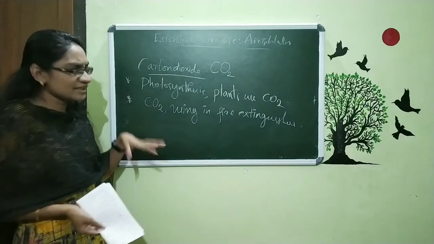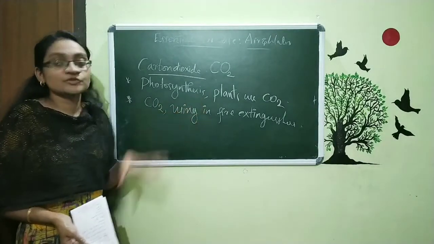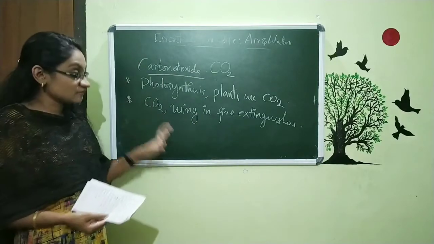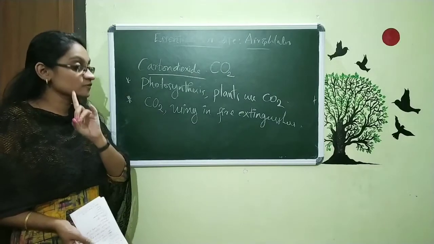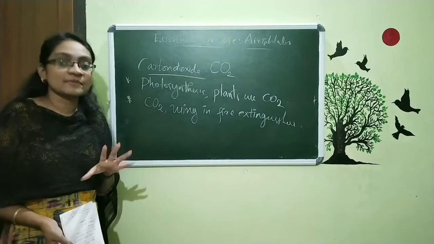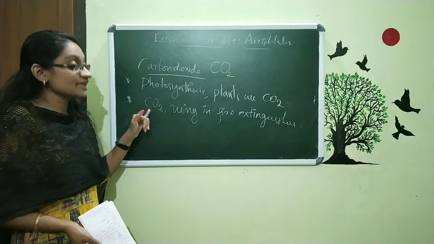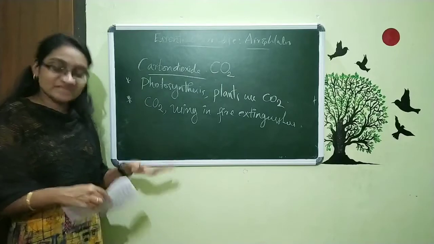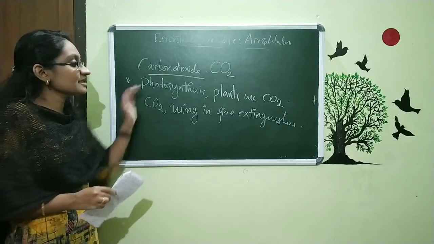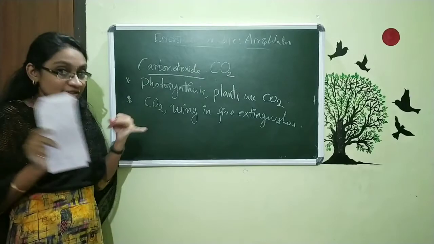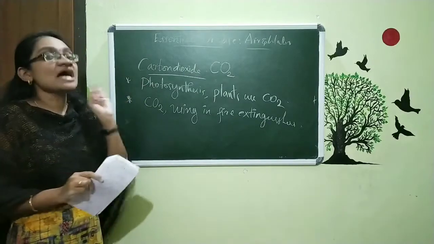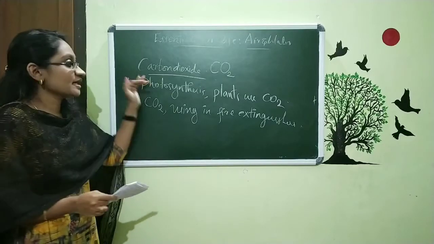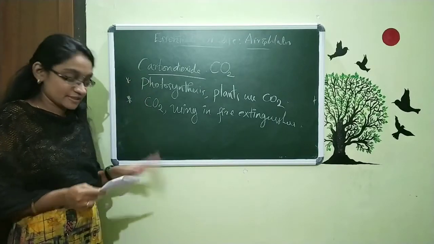There are different types of fire extinguishers that you will study in the 8th standard, and here you just understand that one type of fire extinguisher is filled with carbon dioxide. That means carbon dioxide helps us to stop the fire, extinguish the fire or quench the fire. So these are the two uses of carbon dioxide: plants utilize it for photosynthesis, and we use it in fire extinguishers.